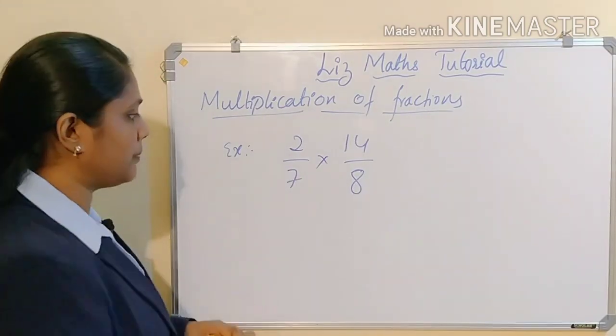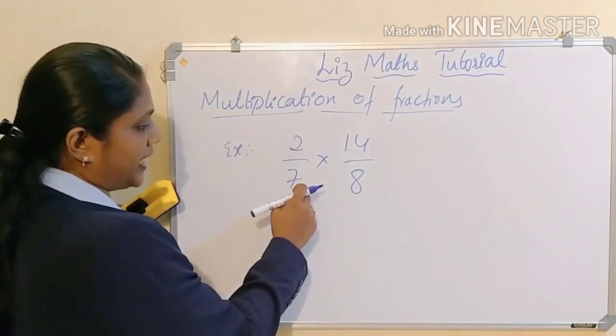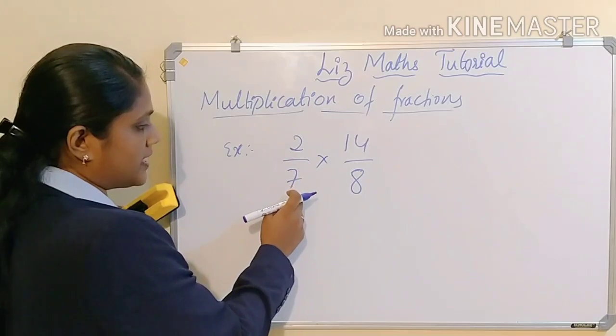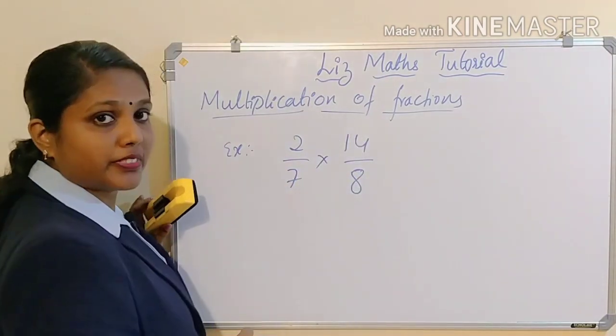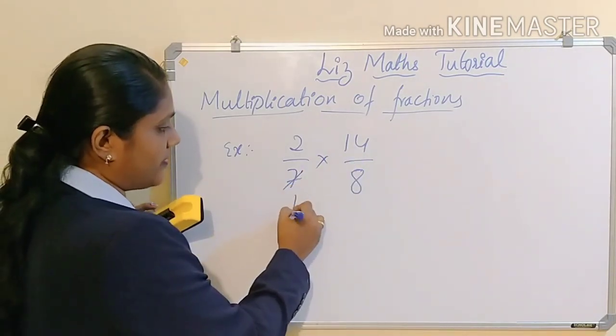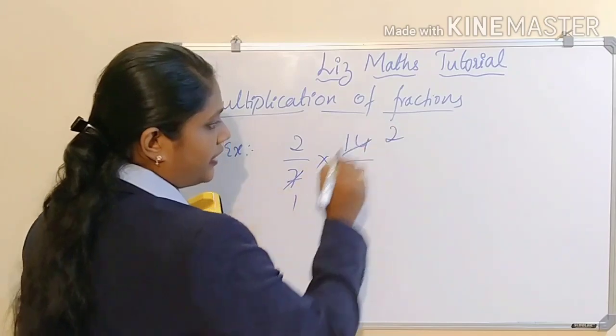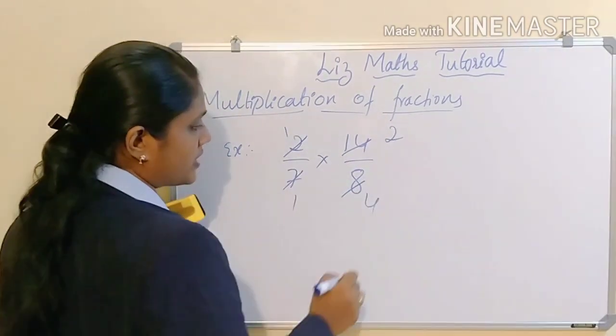We don't have any problem. In this case, can we cancel this numerator and denominator? 2 ones are 2 table, it's not going. But here we can, isn't it? If you check, 7 ones are 7, 7 twos are 14, and 2 ones are 2, 2 fours are 8.